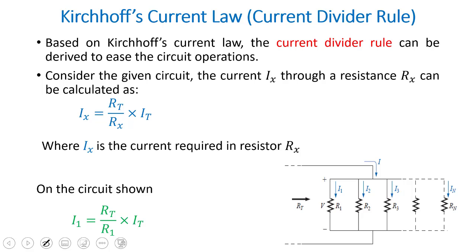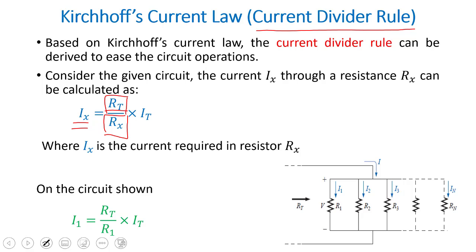Now, similar to KVL, in KCL, or Kirchhoff's current law, we have the current divider rule. In the current divider rule, Ix, the unknown current, is equal to the total resistance divided by the resistance where we want to find the current, multiplied by I total.